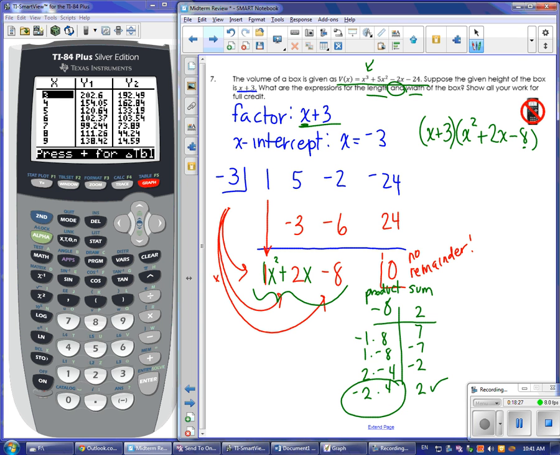So when I write my factored form for my trinomial, and that's what we mean by factored form, I'm going to keep the x plus 3. That doesn't go anywhere. And I know that this minus 2 is going to correspond to a factor of x minus 2, and this positive 4 is going to correspond to x plus 4. Now I have, let's see, we were given the height, and now I have the length and the width.